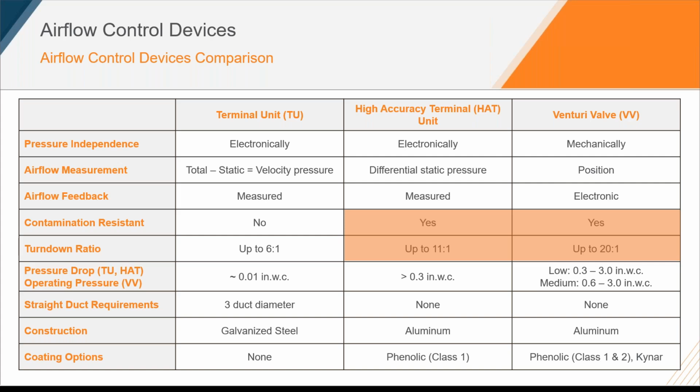For the high accuracy terminal units, you're going to get some natural protection for contamination resistance, depending on the valve technology and the manufacturer you select, and a higher turndown ratio of around 11:1. And then lastly, for the venturi valve, we're going to get that natural contamination resistance due to the higher pressure and the lack of direct airflow measurement, and it's going to give us the largest turndown ratio, starting at 20:1.